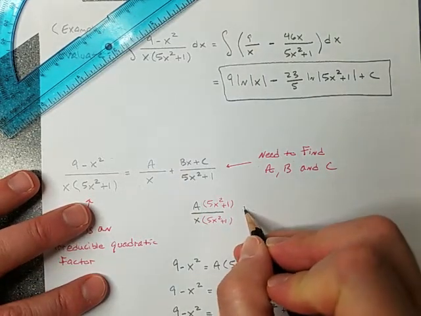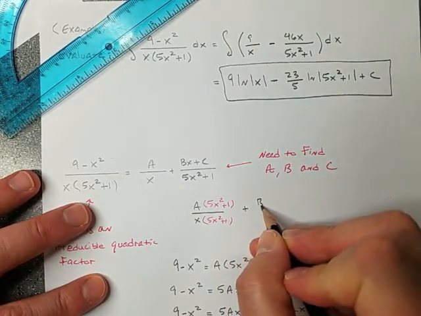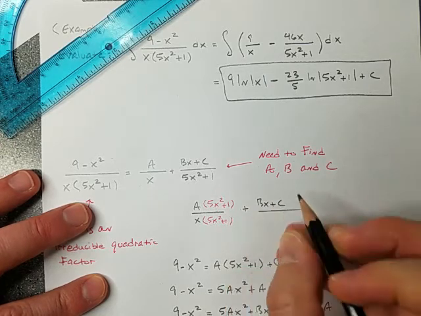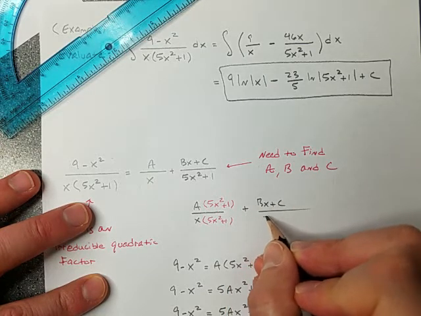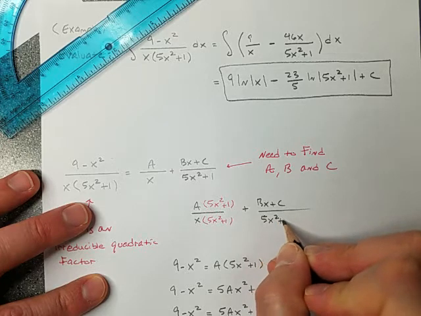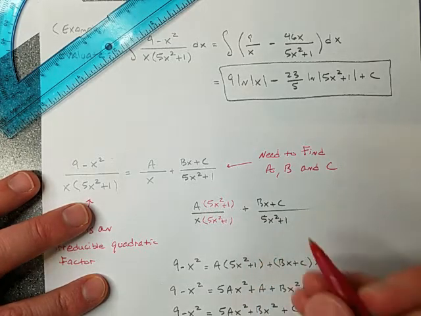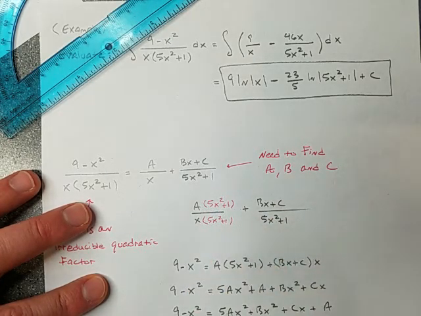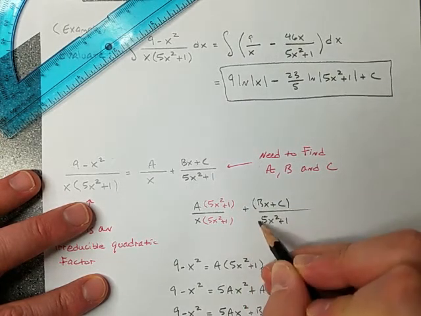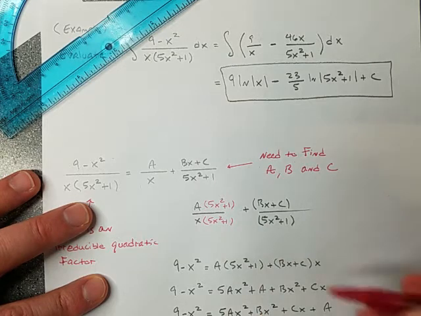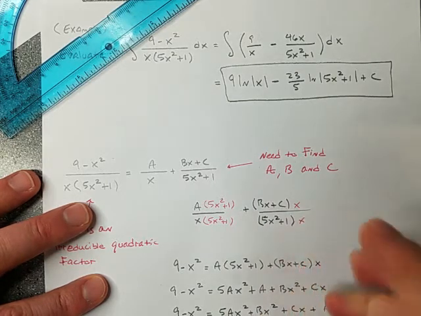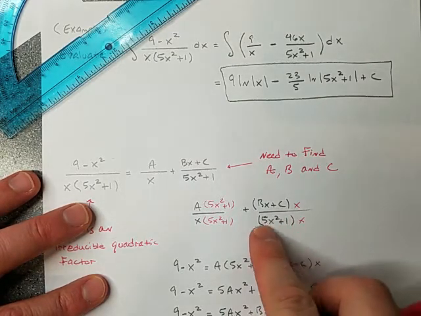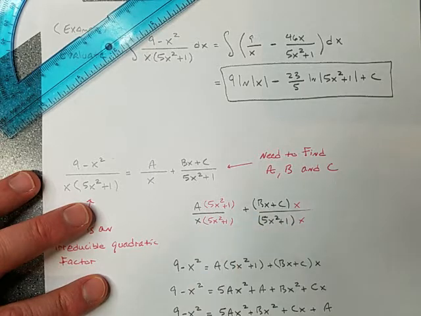I need to take this other one, bx plus c over 5x squared plus 1, and I need to multiply top and bottom of it by x. All right? So we're going to multiply by x over x to get the common denominator, 5x squared plus 1 times x. There they are.